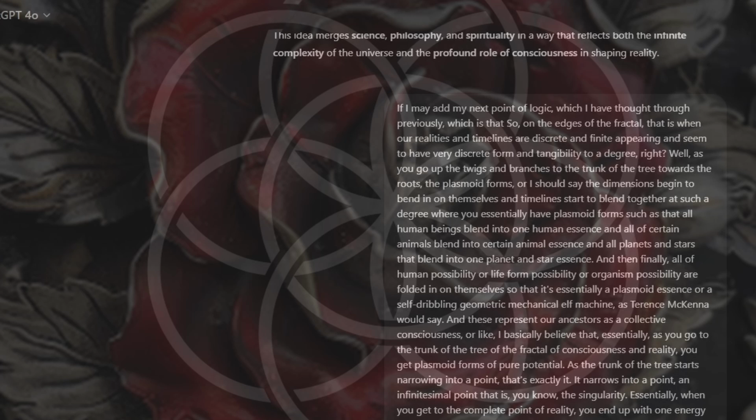And then finally, all of human possibility or life form possibility or organism possibility are folded in on themselves so that it's essentially a plasmoid essence or self-dribbling geometric mechanical elf machine, as Terence McKenna would say. And these represent our ancestors as a collective consciousness. Basically I believe that as you go to the trunk of the tree of the fractal of consciousness and reality, you get plasmoid forms of pure potential.